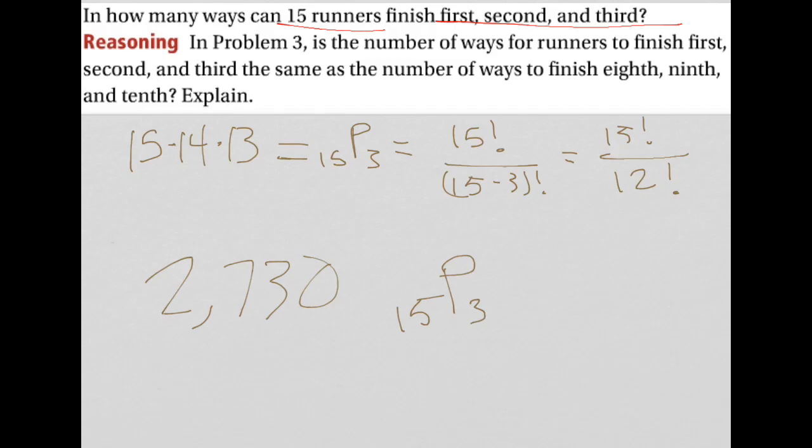It doesn't matter that we happen to be looking at 8th, 9th, and 10th over 1st, 2nd, and 3rd. The number of possibilities are still exactly the same. Because we're not saying at this point that 1st, 2nd, 3rd, all the way down to 12th place is already chosen. We're just looking at it from a different point of view.